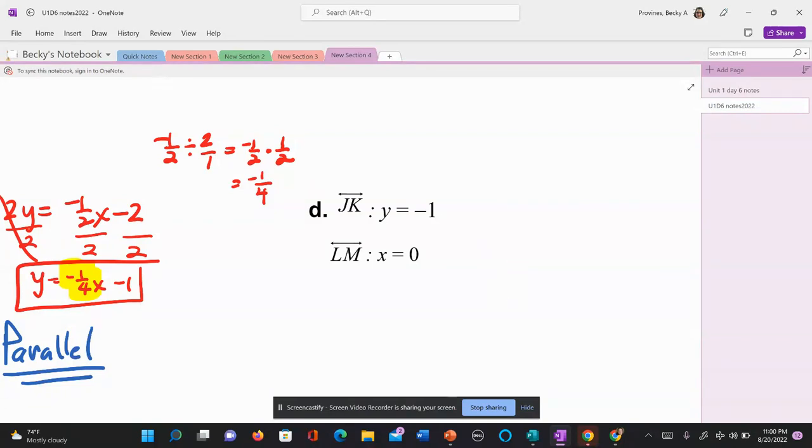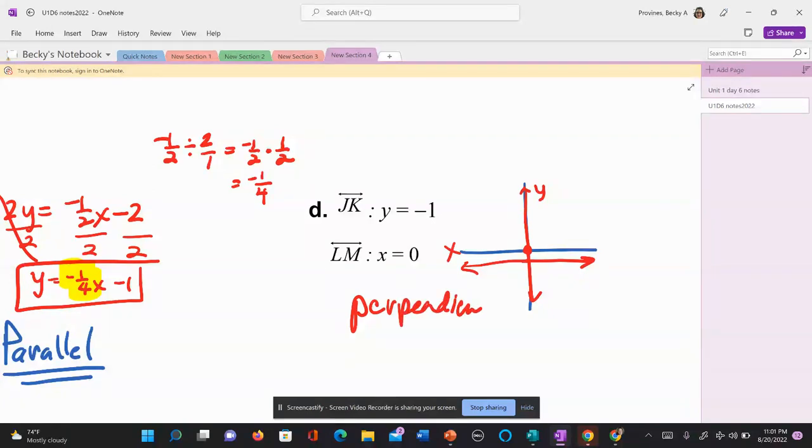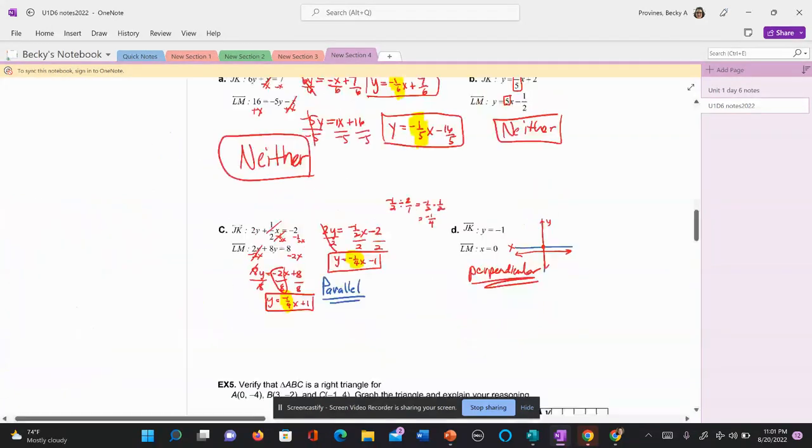And if you want to graph all of this, you can, just to see what it looks like. I'm a visual person. It helps me sometimes. So go at 0. It's only going to cross the x-axis once, which technically means it's on the y-axis. Now go to the y-axis, go to negative 1, and it goes through here. And so if one's vertical and one's horizontal, it is definitely perpendicular.